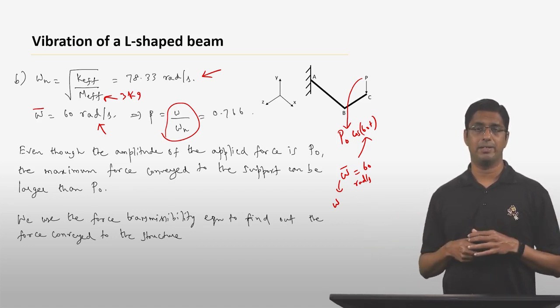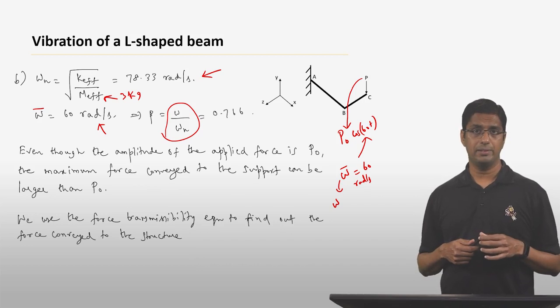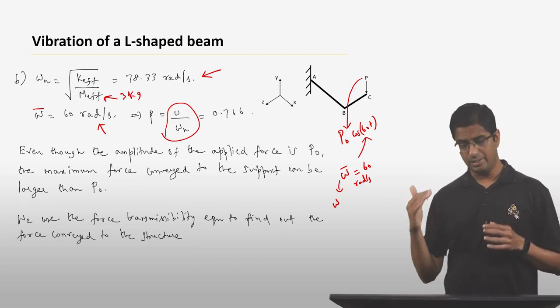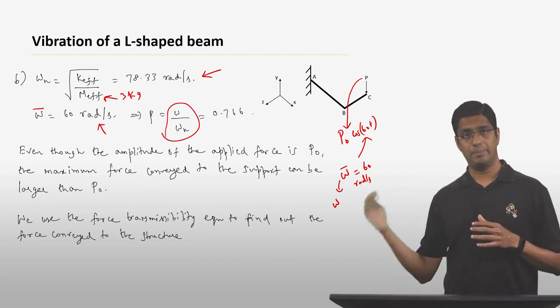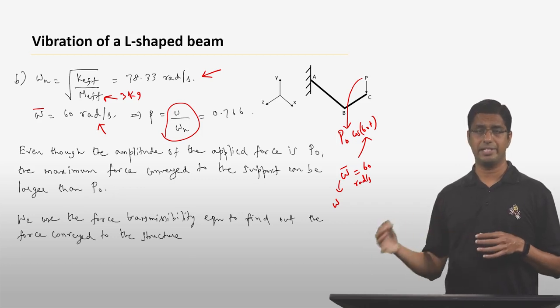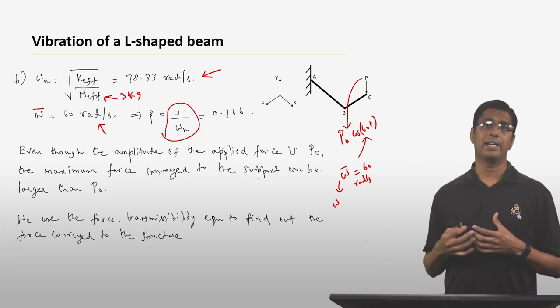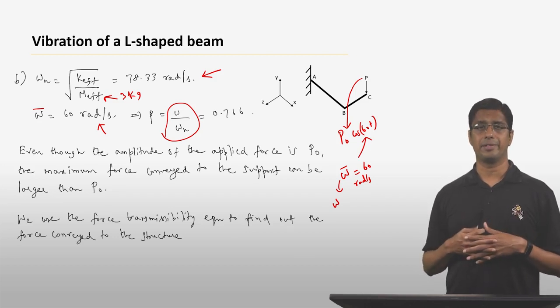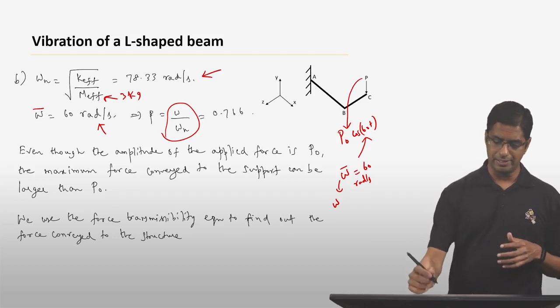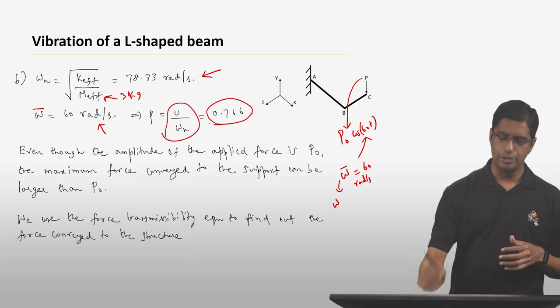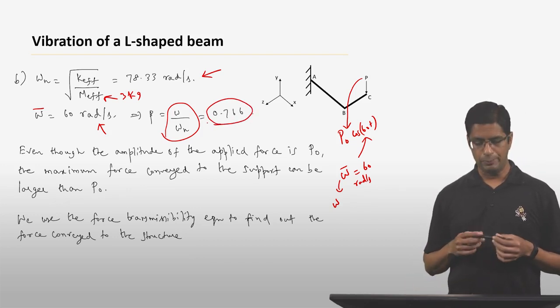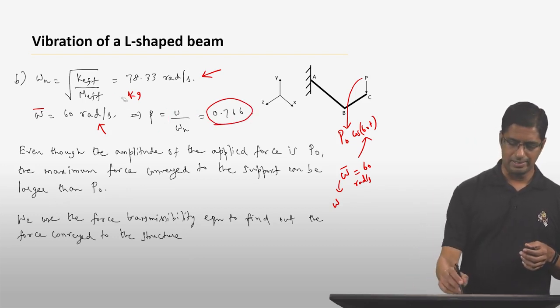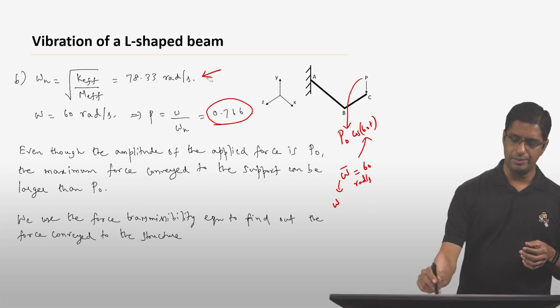But the frequency ratio is the ratio of the applied frequency, which in this case is 60 radians per second, divided by the natural frequency, which is 78.33. So that frequency ratio comes out to be 0.766. Thus far it's fairly straightforward. It's just doing some calculations.